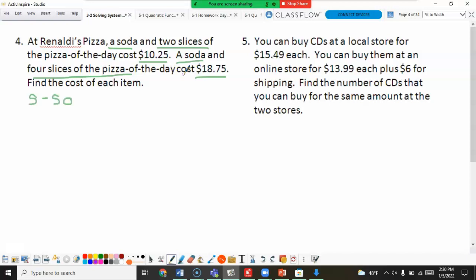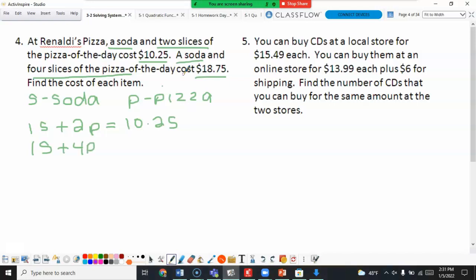So we can say that S represents soda, P represents pizza. So 1 soda plus 2 slices of pizza is $10.25. 1 soda and 4 slices of pizza is $18.75.